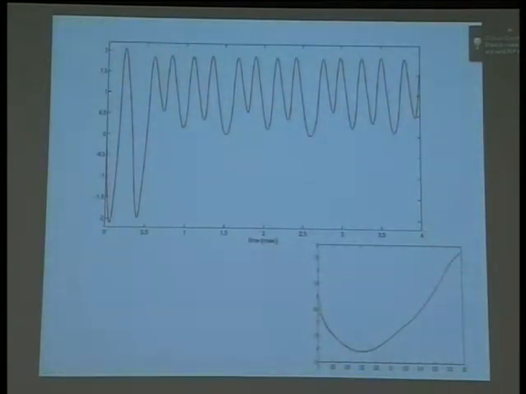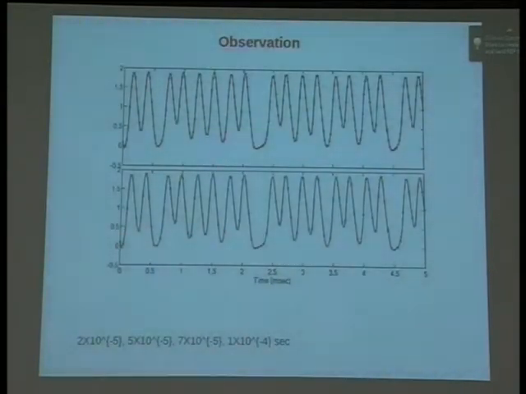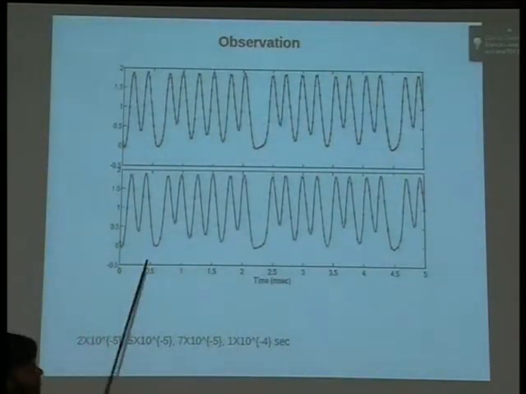In this work, we are trying to find the effect of the observation time on this synchronization.